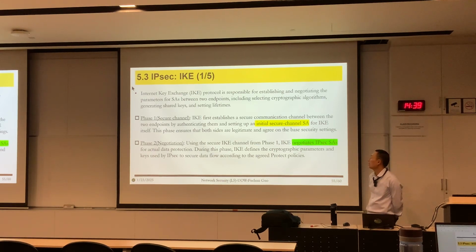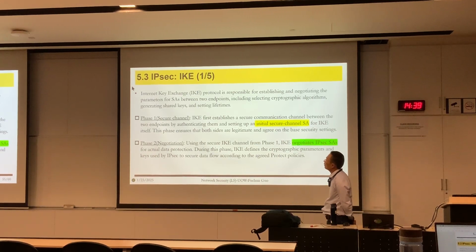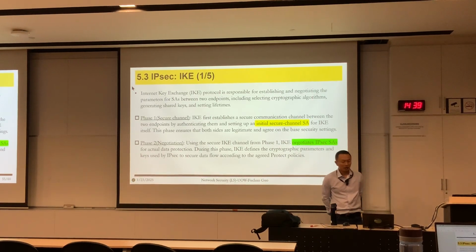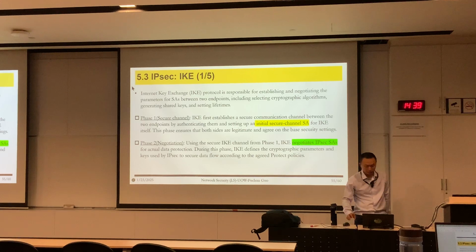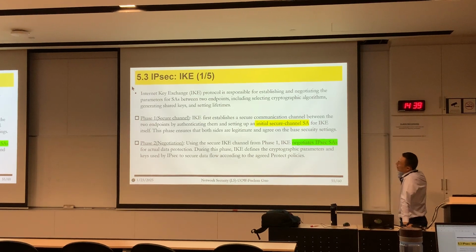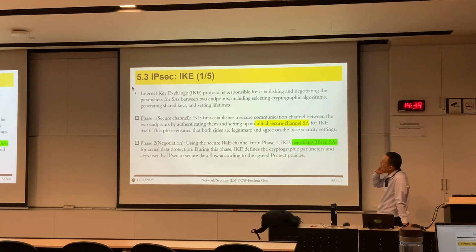Of course, the most complicated one is the first phase, just because creating a secure channel needs the help of public key cryptography. The second phase is much simpler. I think this is the same as the secure shell protocol. After the secure connection has been created, it's easy to complete the usual authentication.